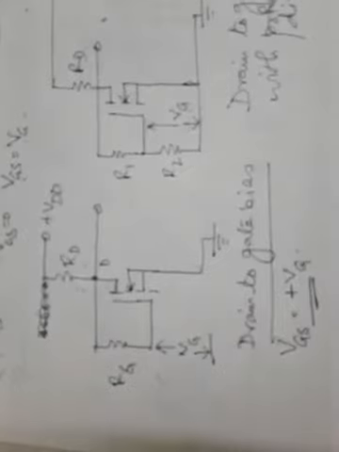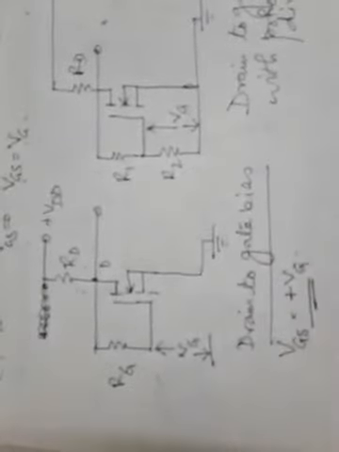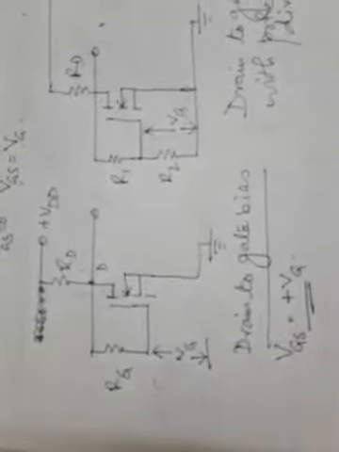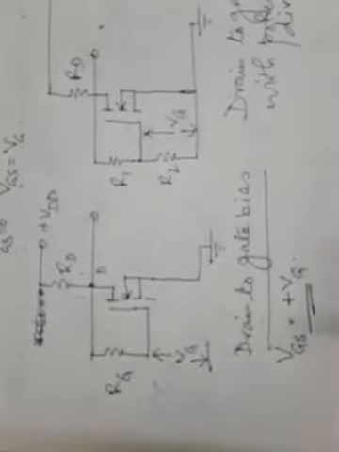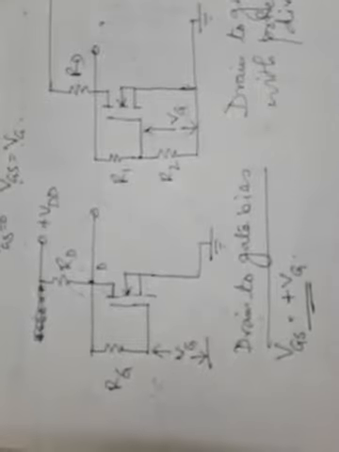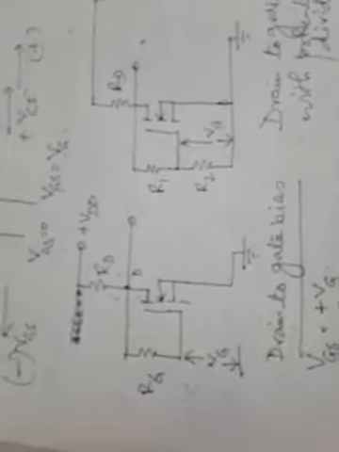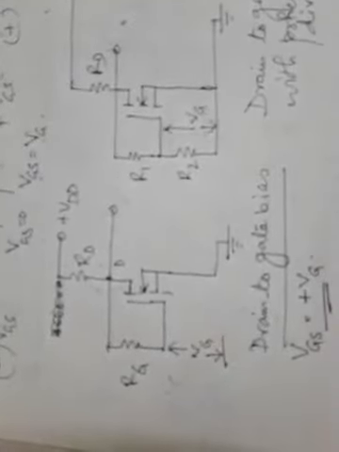And in this circuit, the gate of the MOSFET is connected directly to the drain terminal via this RG. That's why the name drain to gate bias has been given. And VG is then always equal to VD, you can find.